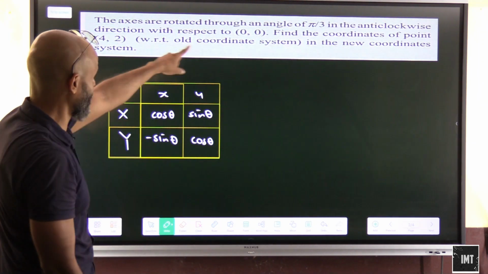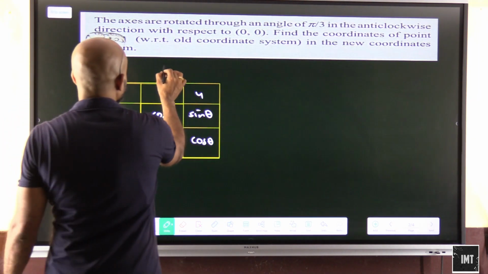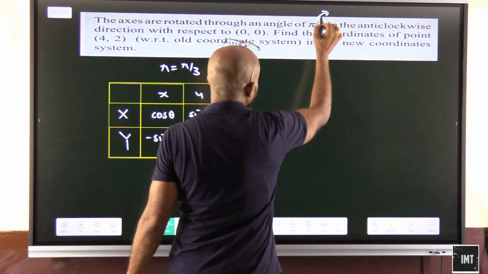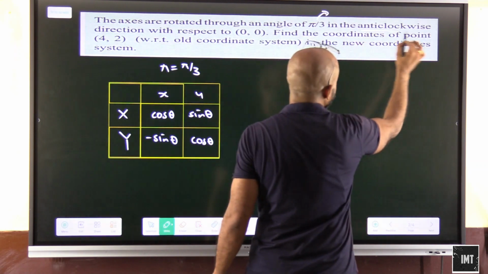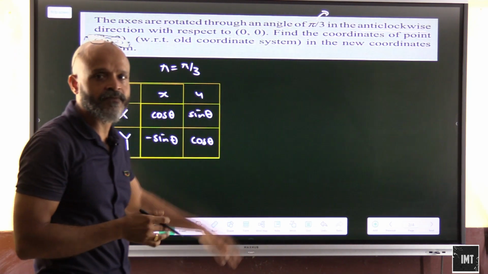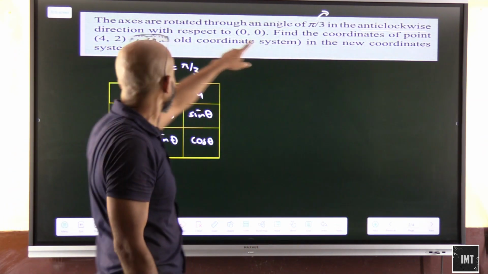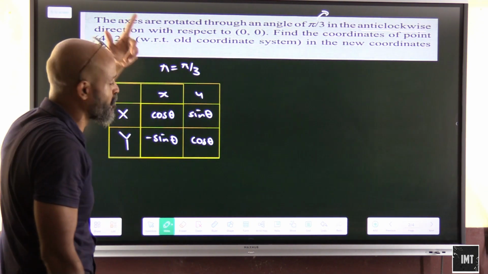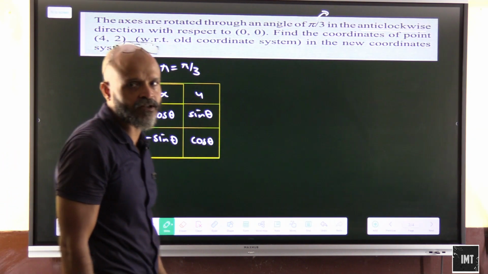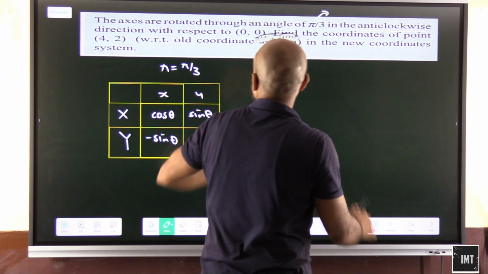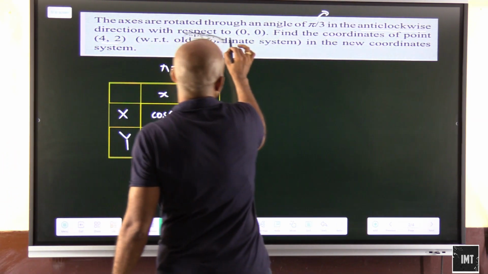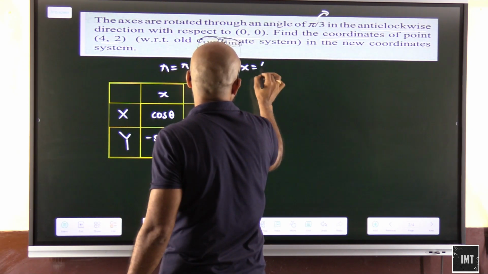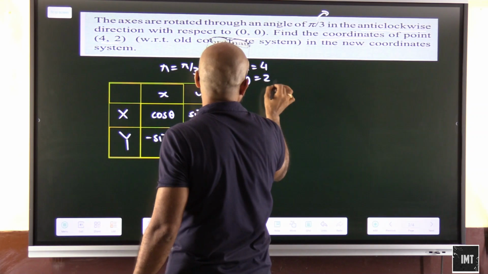The axes are rotated, so here theta is equal to pi by 3. Remember, this is for when it is in the anti-clockwise direction. If it is in the clockwise direction, we have to take it otherwise. Now you have to find the coordinates of the point 4, 2, where x is equal to 4 and y is equal to 2.